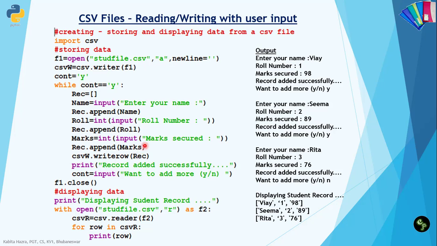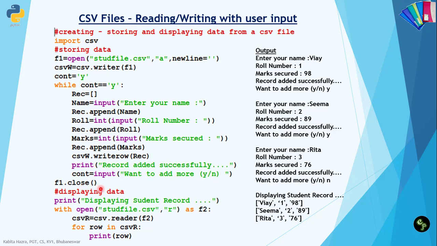After appending marks, we get the complete record. Then we are writing individual record using writerow and displaying the message record added successfully. Then we are asking the user whether we want to add more records. If you say yes, then the loop will continue. If you press any other key than the letter Y, then it will close the file.